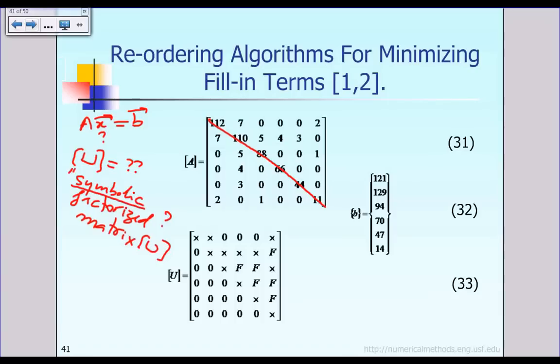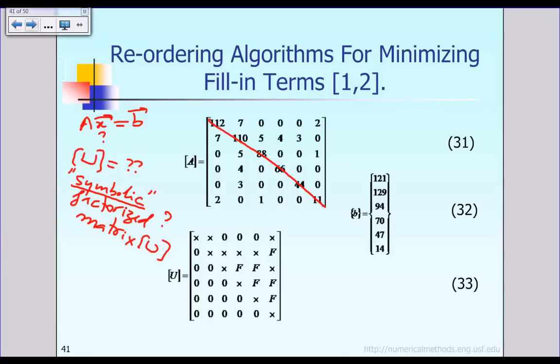When I say symbolic, what I mean is I don't really care about the actual numerical value. All I care about is the non-zero terms after factorization is done. Where are the locations? How many non-zero terms will you have after you do the factorization?